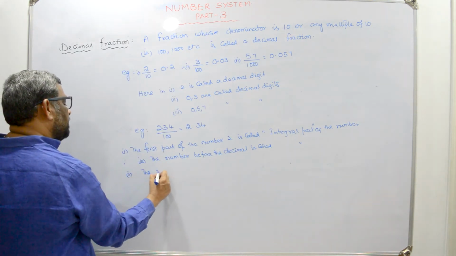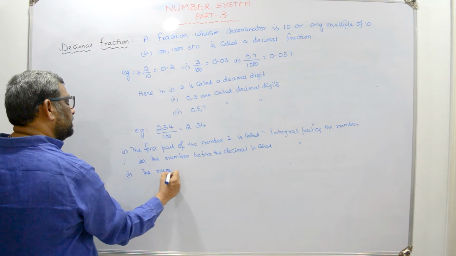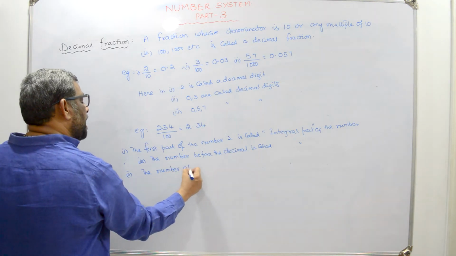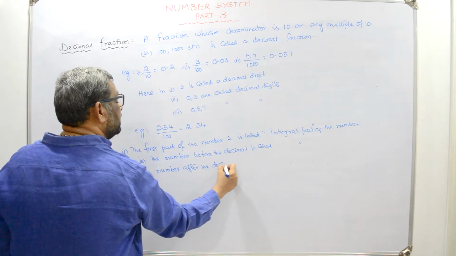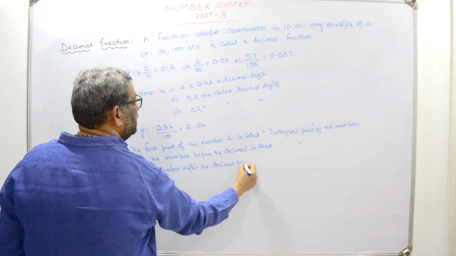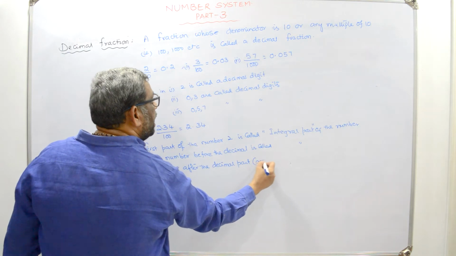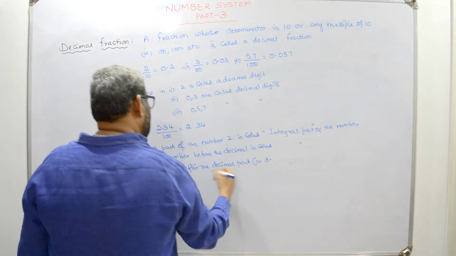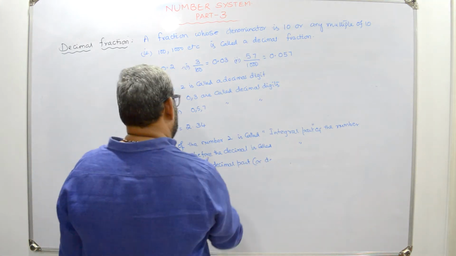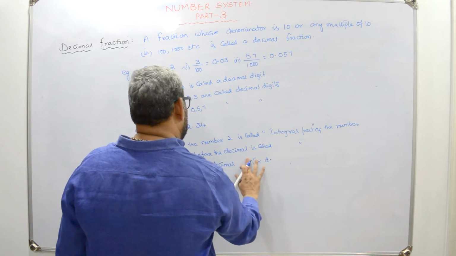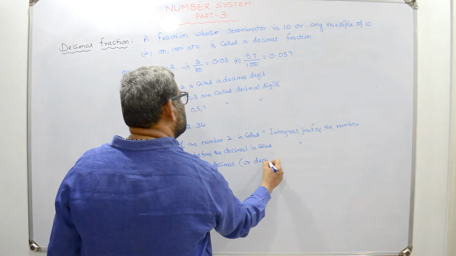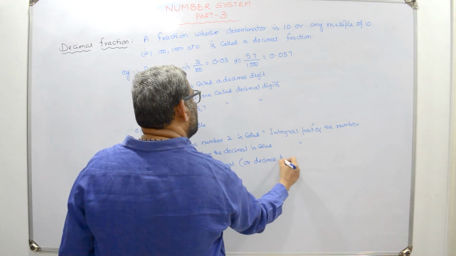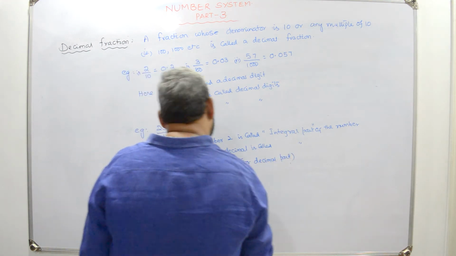The number after the decimal part, or decimal digits.